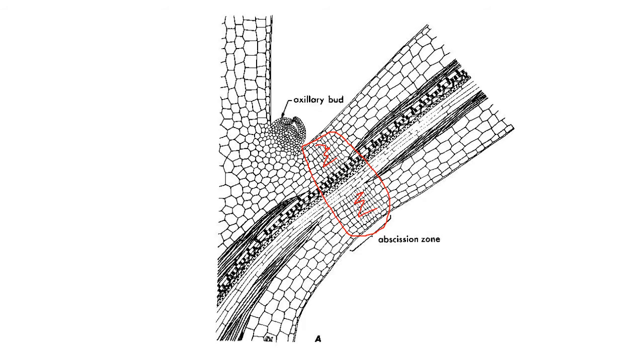That can be strengthened or weakened depending on different plant hormones that are sent to the leaves. A plant hormone called auxin can make that glue more sticky and hold the leaves on, and a plant hormone called ethylene can be sent and basically weaken that.